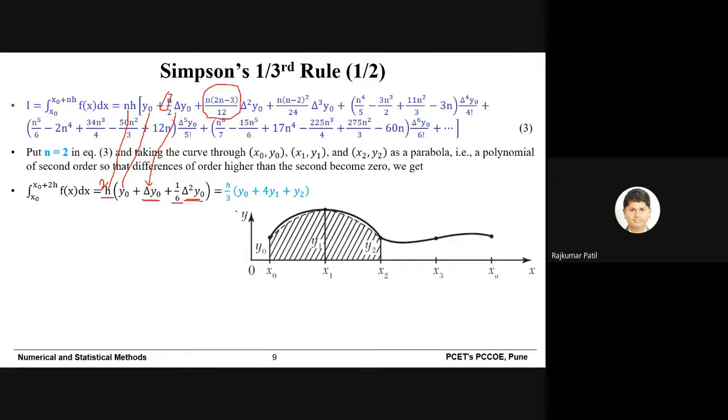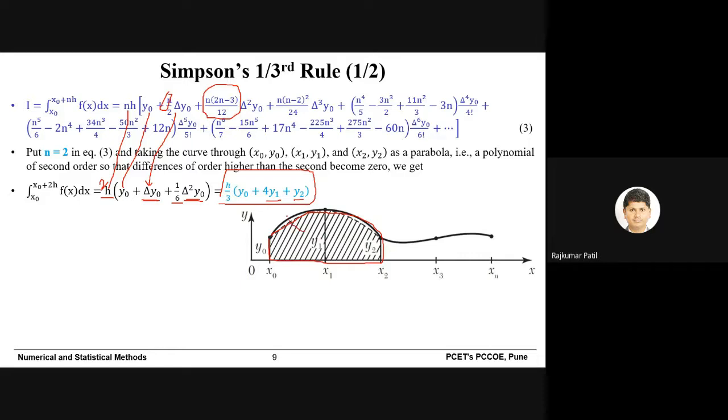And upon simplification you will get the area for y0, y1 and y2, that is the highlighted part. So for that you will get the area as h by 3 into bracket y0 plus 4y1 plus y2.